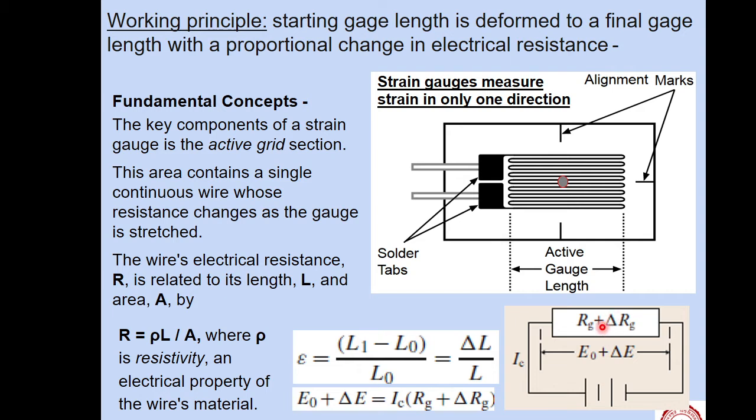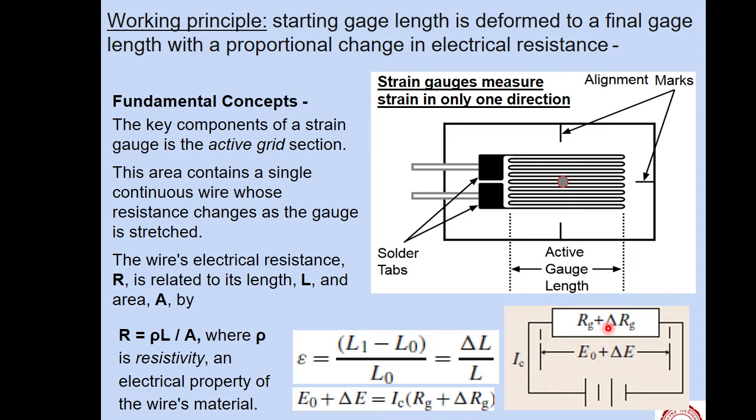And due to this change in resistance, the voltage drop across the resistor will also change. And this change in voltage, that we can measure in the electrical circuit. And what is assumed here? The change in resistance is proportional to the change in strain.